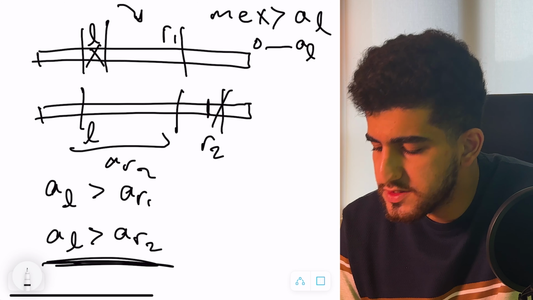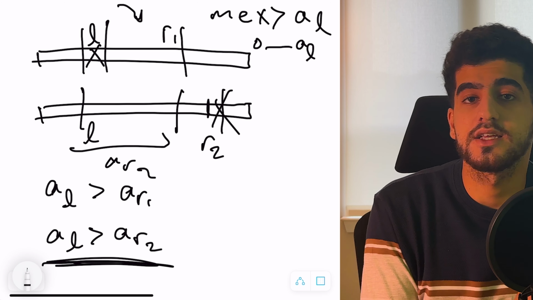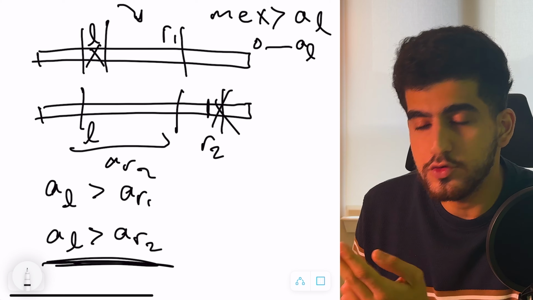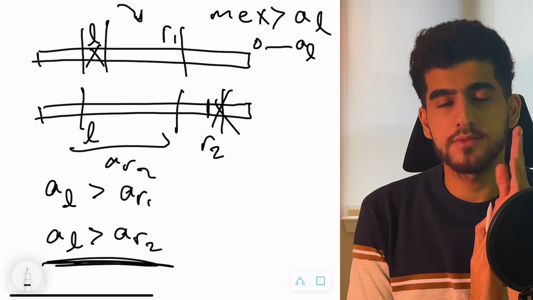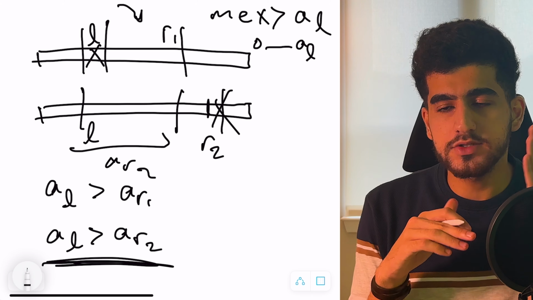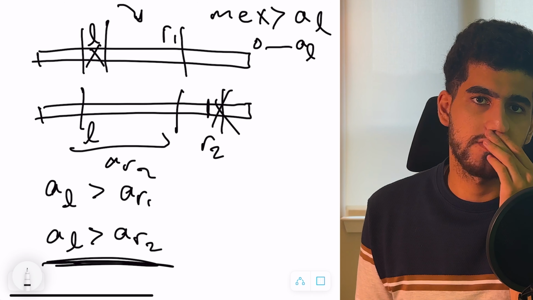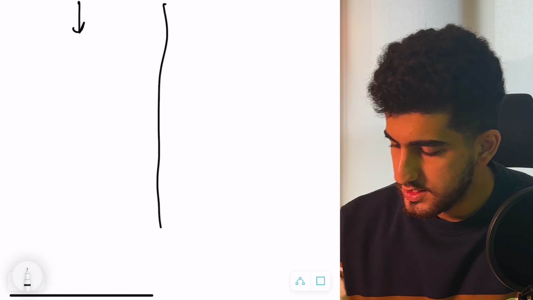So I can remove this, which is a contradiction that shows that we cannot have two good intervals such that both of them start from this L, and in both of them A of L is greater than A of R. So as I said, I have two types of intervals.